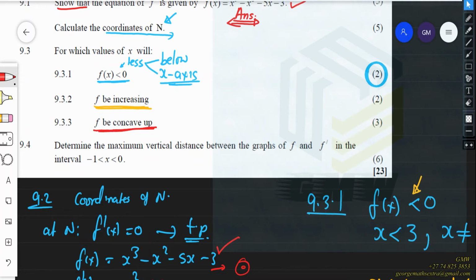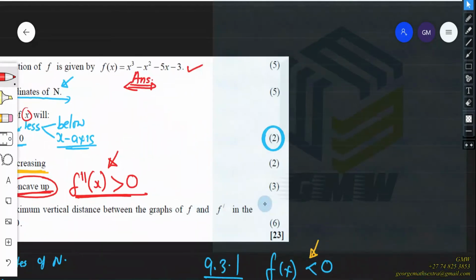Now, whenever you see these words, concave up, it means the second derivative must be greater than 0. This is what gives you a formula that leads you to find the values of x as required. So we are saying the second derivative must be greater than 0.